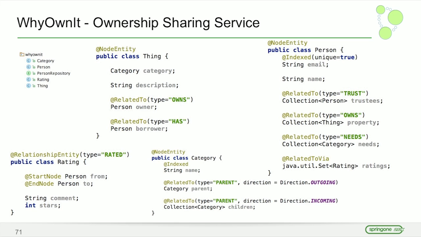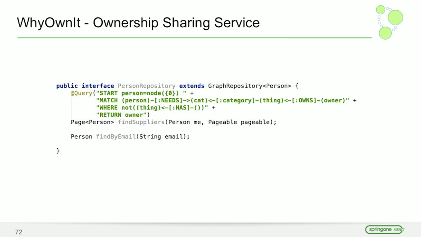It's over here. So we have a start node person and an end node person. And then I can say, okay, this guy's hammer was really bad. I always hit my thumb with that, and that's why he only gets 1 star and stuff like that, right? So you build up ratings, and you can use that as part of your queries.